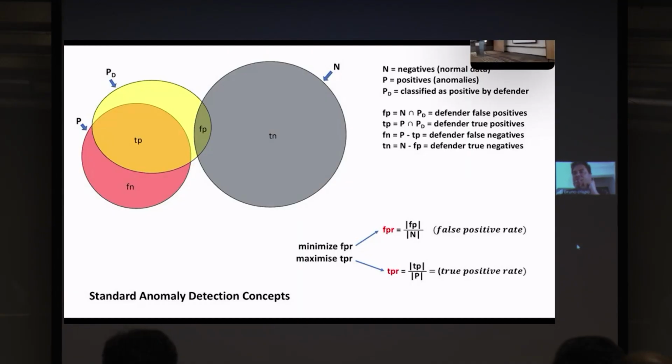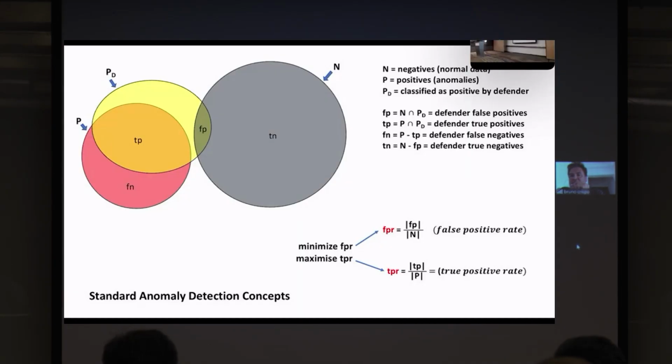They pass as normal data, and these are the dangerous ones, because essentially they are anomalous traffic that reaches your system and your classifier doesn't manage to stop. And then there are the true negatives, the real normal traffic that doesn't need to raise any alarm.